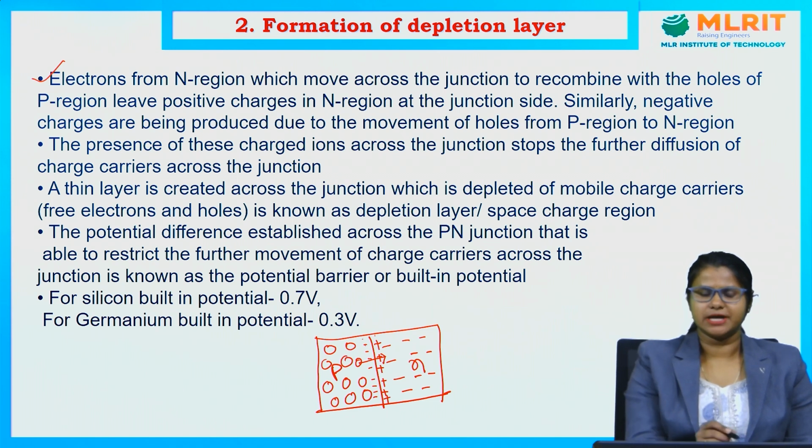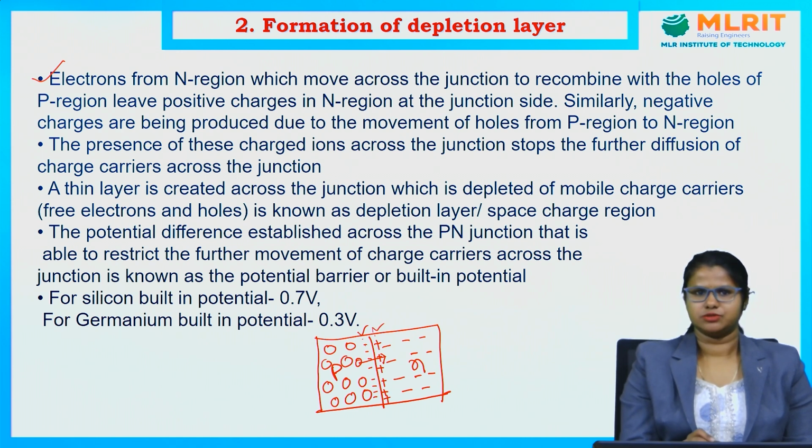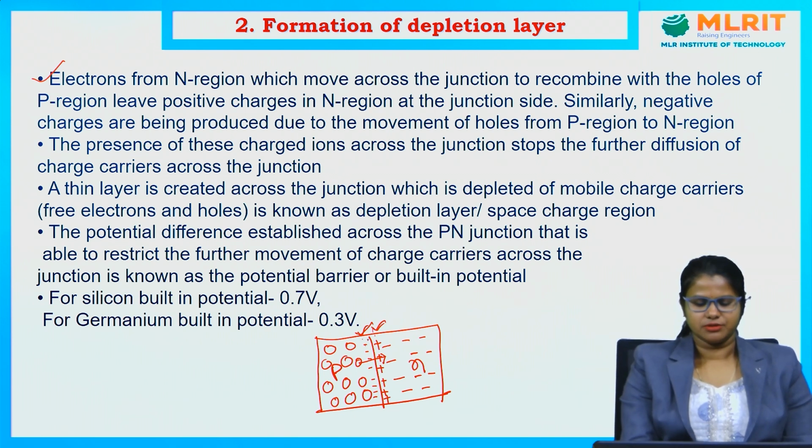On the P side negative charges accumulate, and on the N side positive charges accumulate. So one side has negative charge and the other positive charge, and it behaves like a potential barrier.